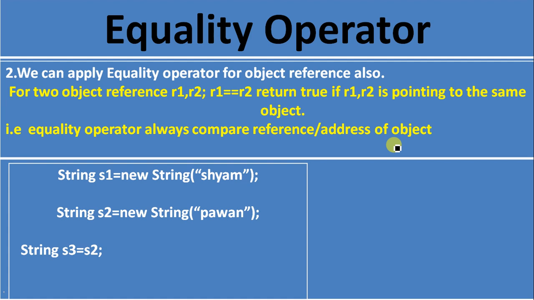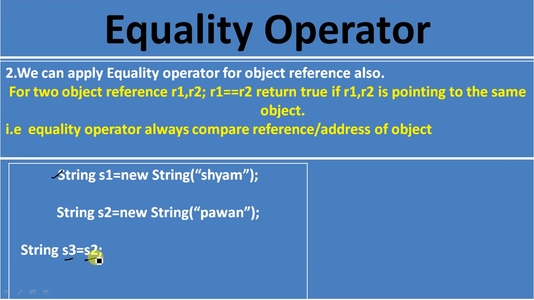Let's see an example. Here we are creating two objects. String s1 equal to new String Syam, string s2 equal to new String Pawan. So s1 and s2 are two objects we create by using the new operator. The third one, s3, we are not creating as a new object.